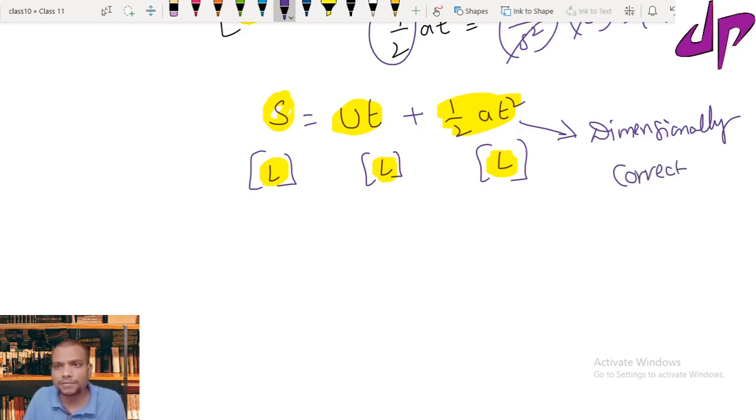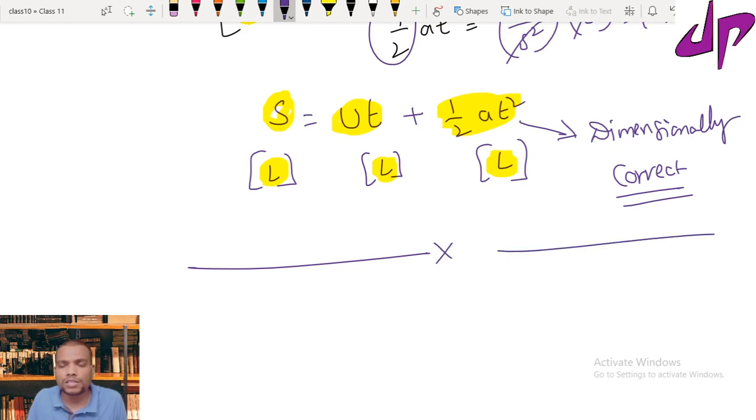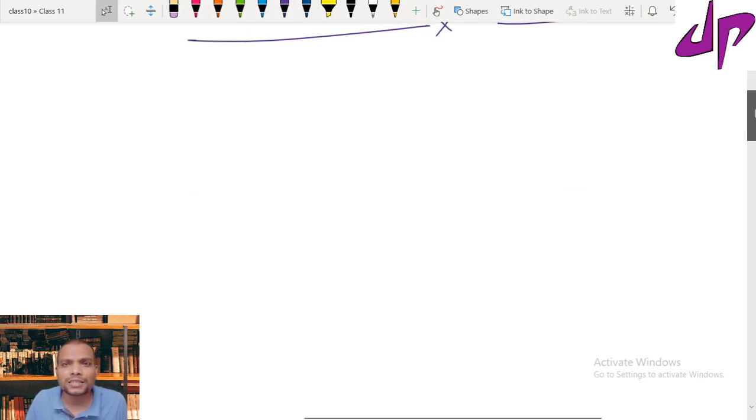This is how dimensional analysis helps us check whether a formula is correct or not.